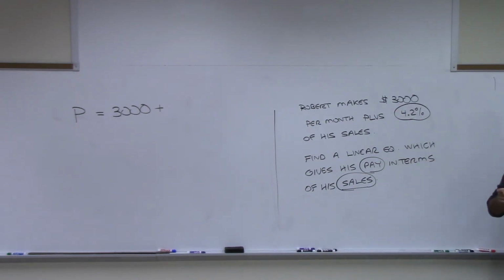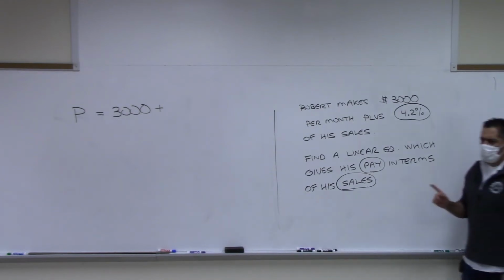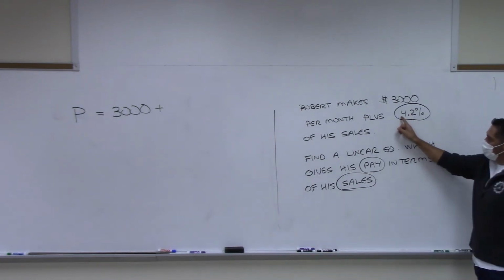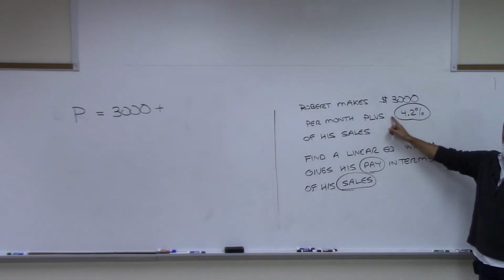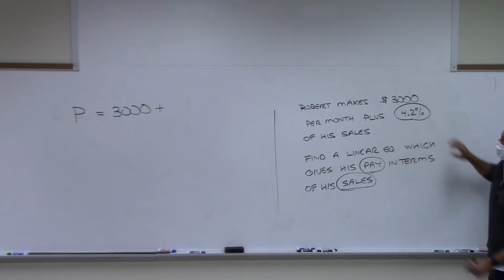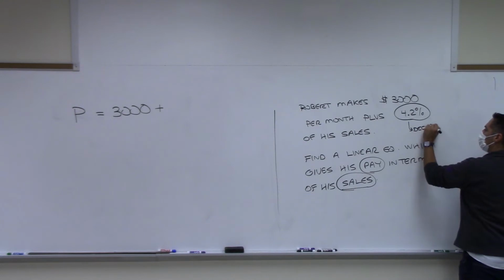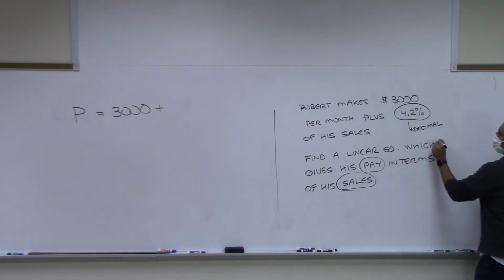Turn it to a decimal. To turn it to a decimal, do y'all know how to do that? You move the decimal point. Which way? To the left. How many spaces? 2. So anytime right now we're looking at a percentage, anytime we want to convert this to a decimal, we're going to move it 2 places to the left.